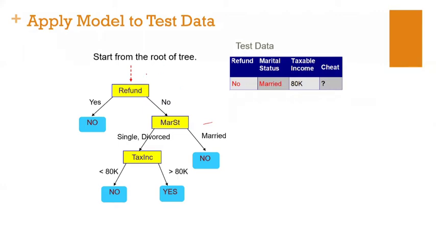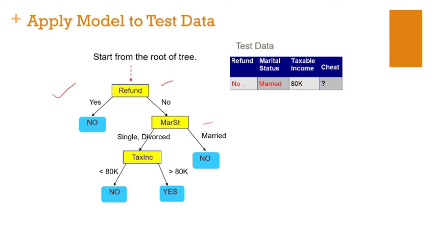So we have to start from the root node. Since we decide to pick this model, you might also pick the second model, the one that started with marital status. You can pick any one, depending on the model you have used. Whatever model you decide to build. Now, since this is the model we have selected, this was the first one we built. Now you start from this root node, you look at refund.